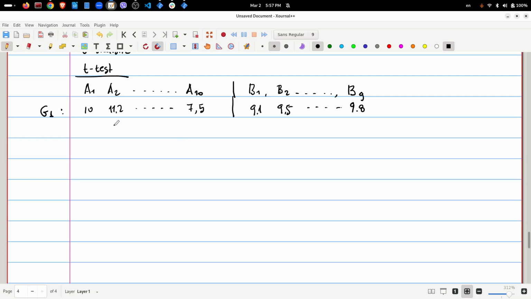So what we assume here is that all these values come from a normal distribution with some mean and some standard deviation.